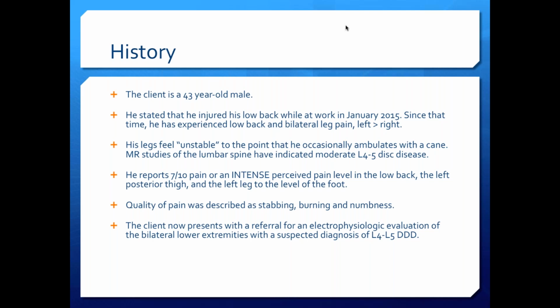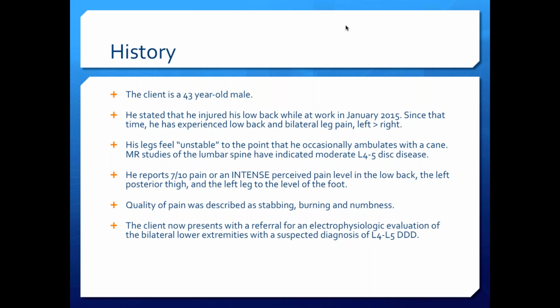He had an MRI test done, which is helpful sometimes. The MRI showed that the lumbar spine, this was the report from the patient, you can get to view the images myself or the report, but he said there was disc disease at the L4, L5 level, and he was certain of that.